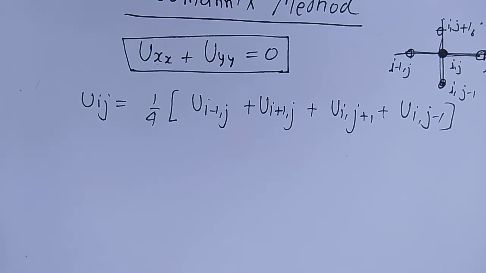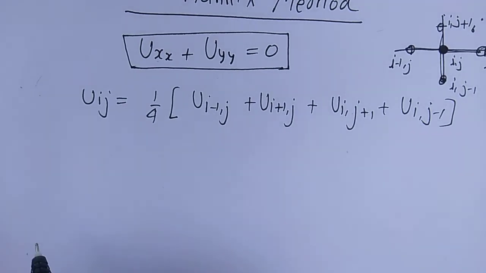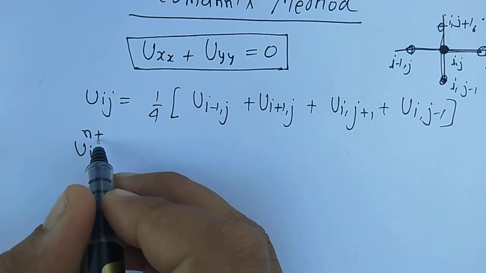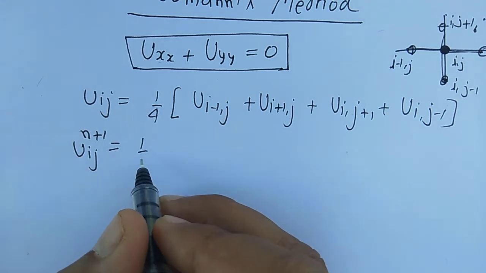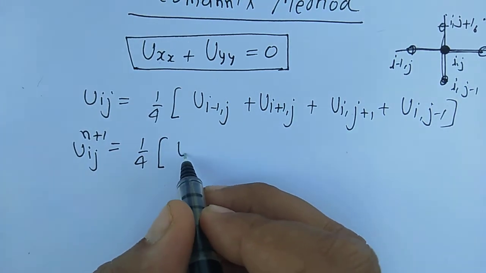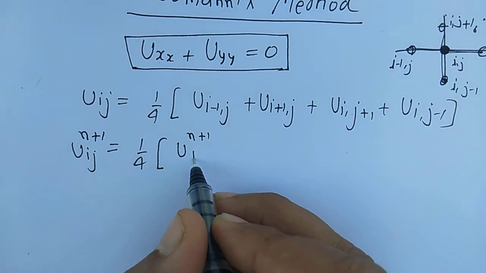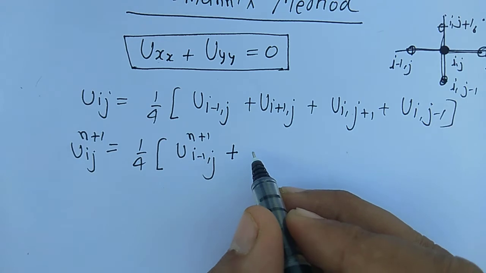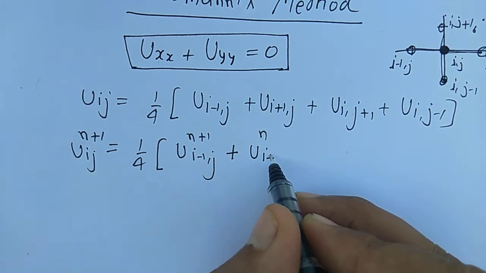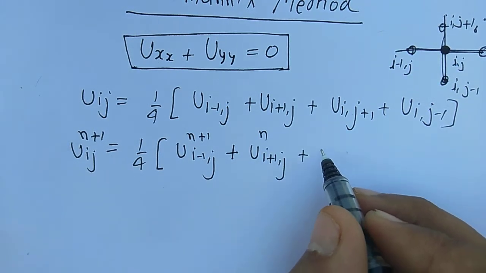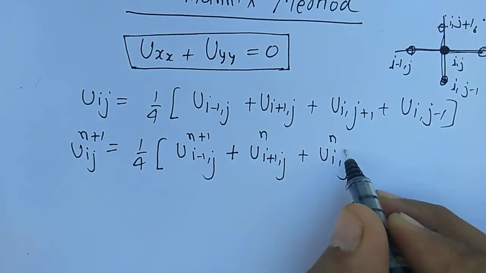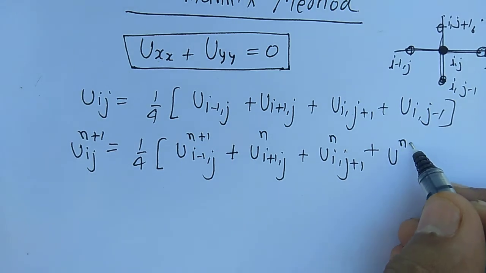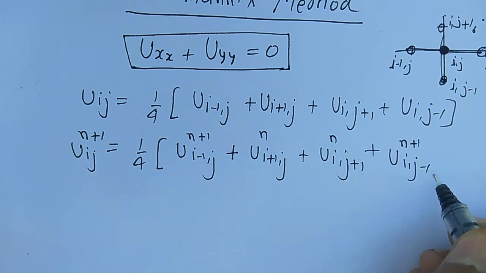So what we do, the iteration formula we can write: u i j (n plus 1) equal to 1 by 4 of u (n plus 1) i minus 1 comma j plus u (n) i plus 1 comma j plus u (n) i j plus 1 and u (n plus 1) i comma j minus 1.